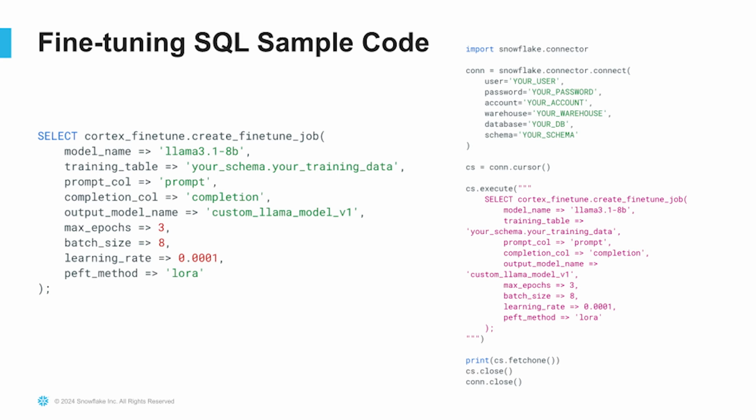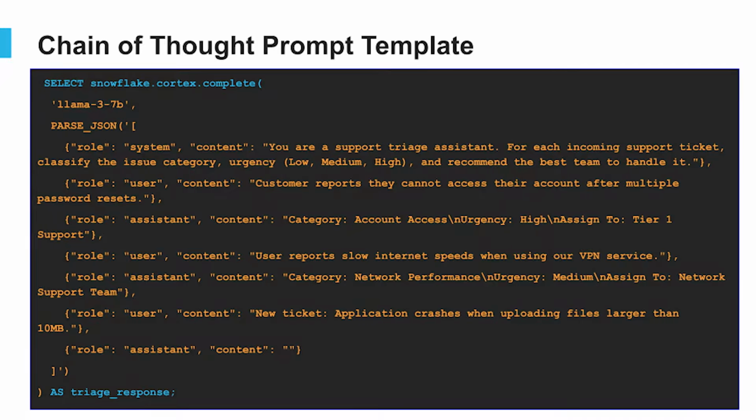And you can do this within direct SQL, or you can do this within a Python script using the Snowpark API. It is completely flexible depending on your application design. And here's an example of a prompt template that you could use in this context.